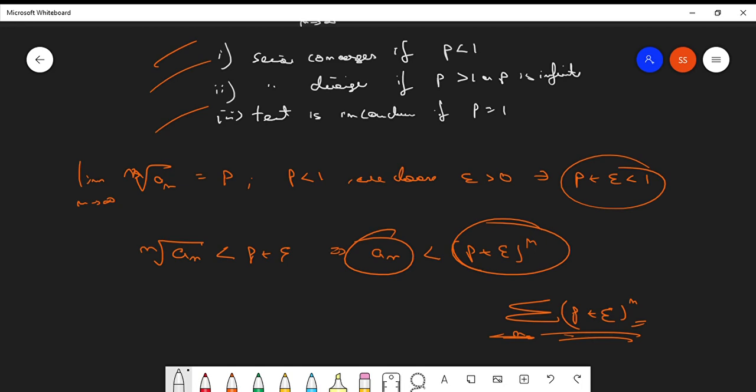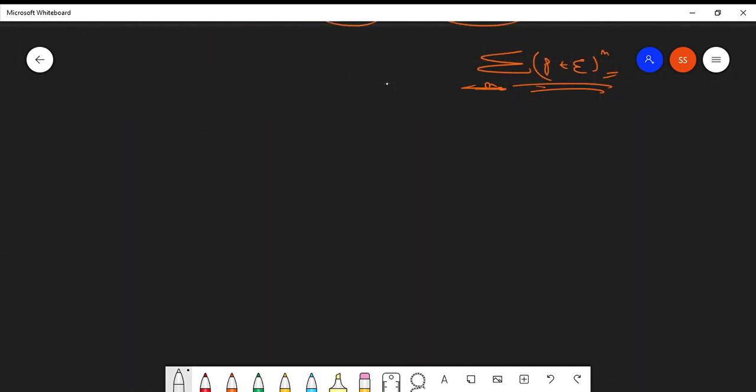Let us check a few examples, then we will be clear about this. Let's say we have the series with a_n equal to n square over 2 to the power n, n equals 1 to infinity. So what is the limit as n tends to infinity of the nth root of n square over 2 to the power n?